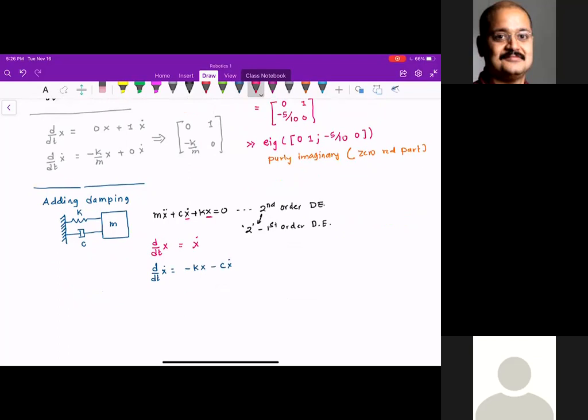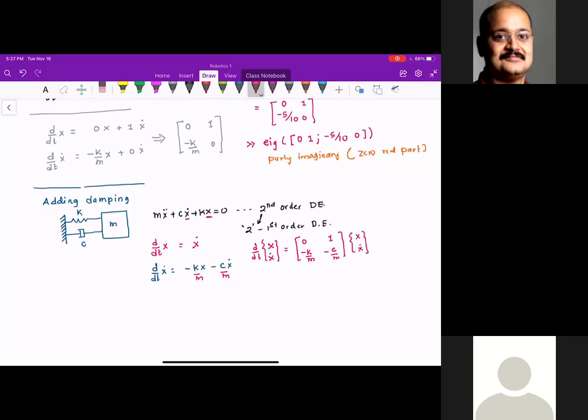So now your state space equation d by dt is going to look like 0, 1, minus k by m, minus c by m, times x, x dot.